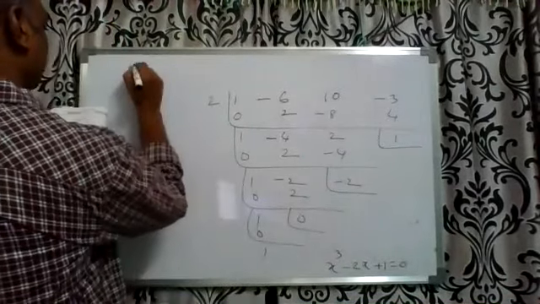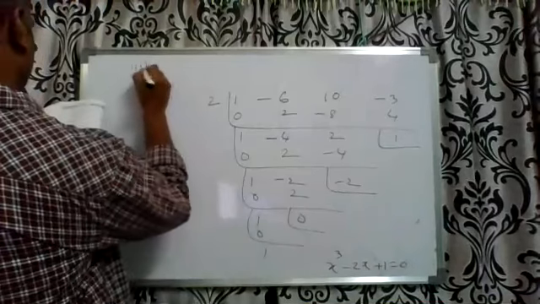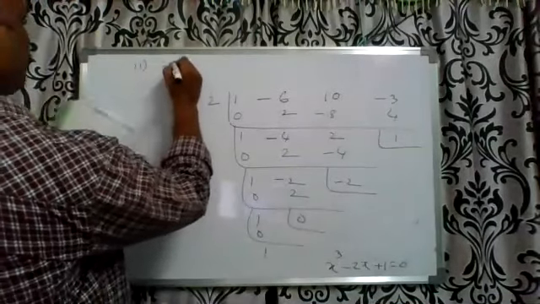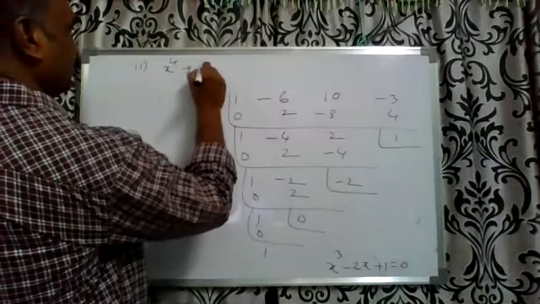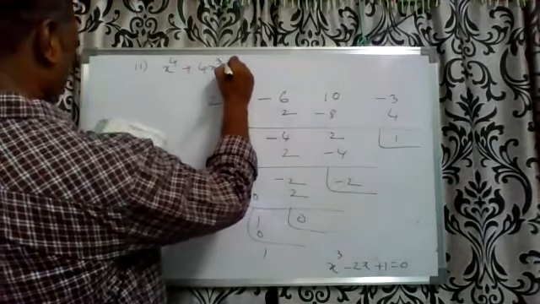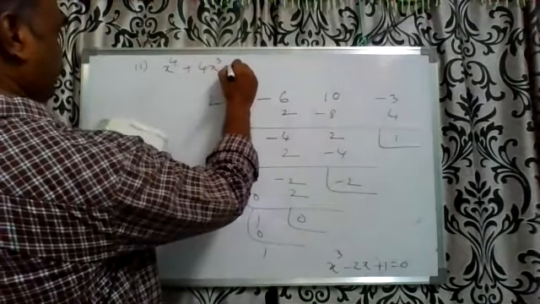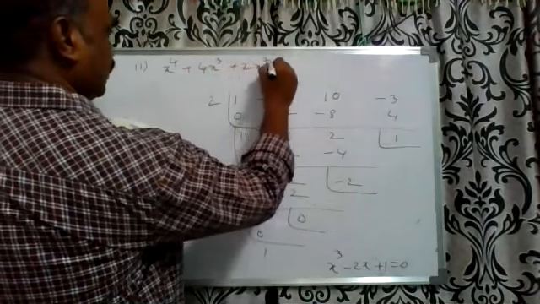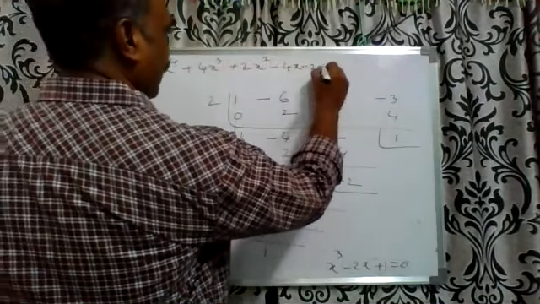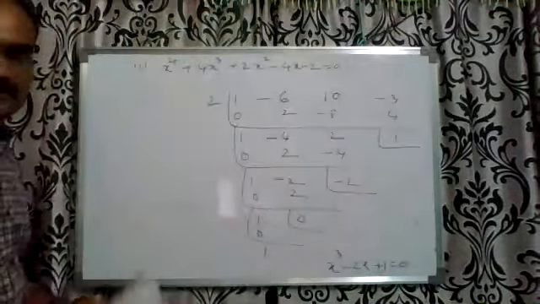Next problem, second question. x to the power of 4 plus 4x cube plus 2x square minus 4x minus 2 is equal to 0.